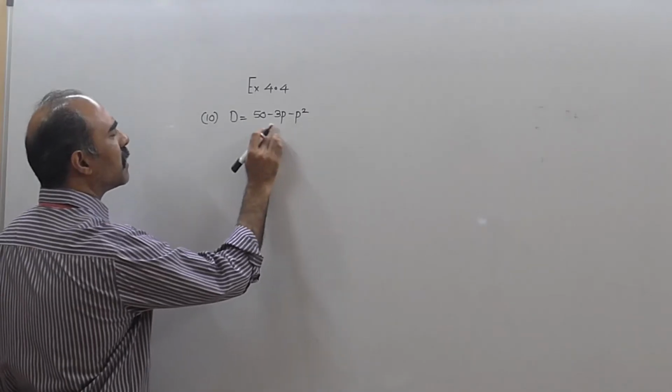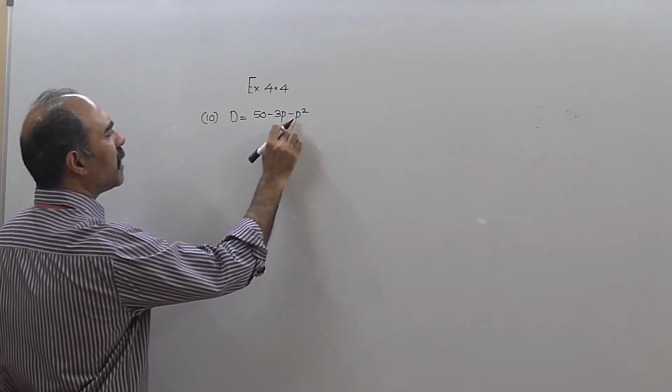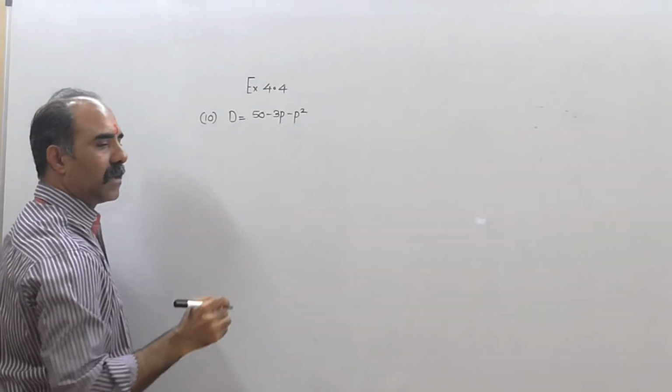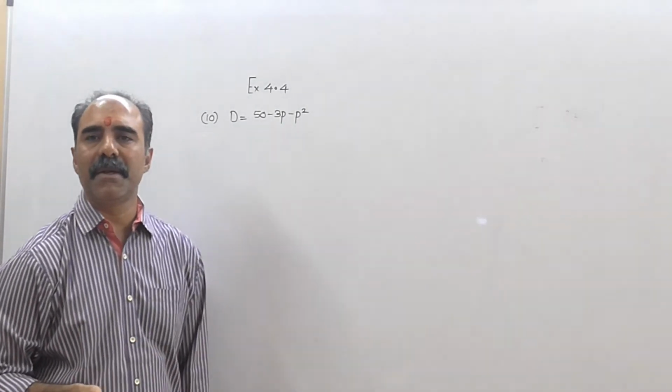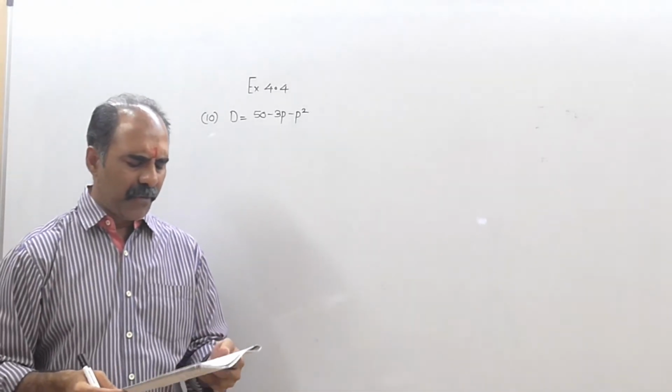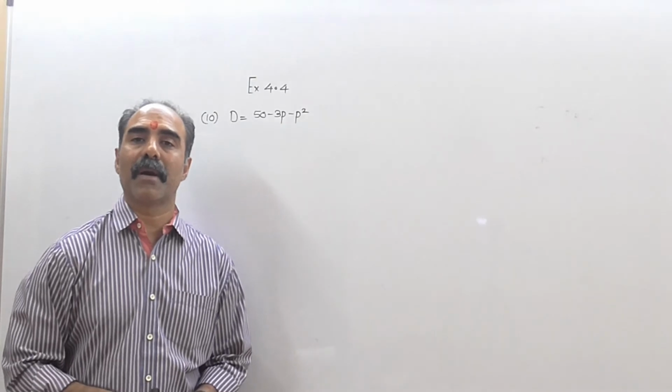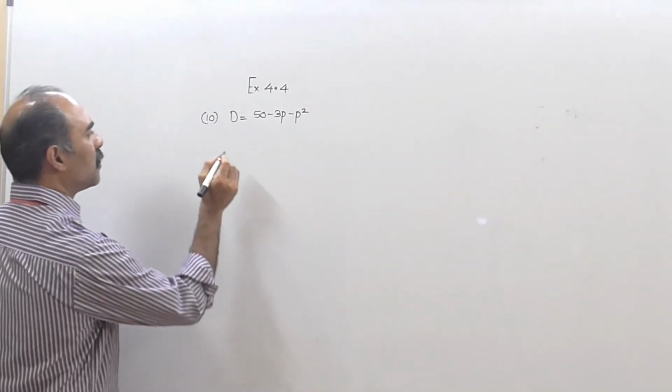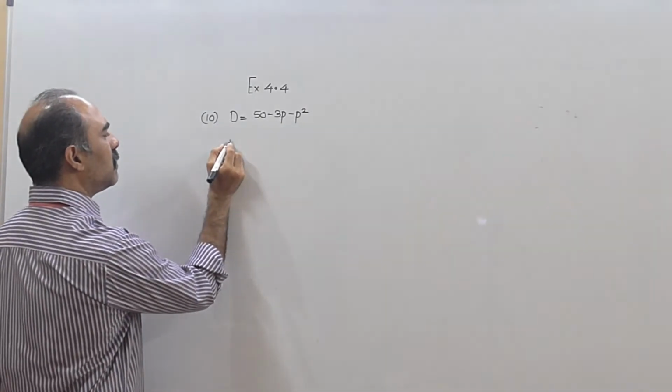Now they have given D equal to 50 minus 3P minus P square. They are telling you to find the elasticity of demand when P equal to 5 and P equal to 2, and you have to comment on the result. So we have to find elasticity of demand.